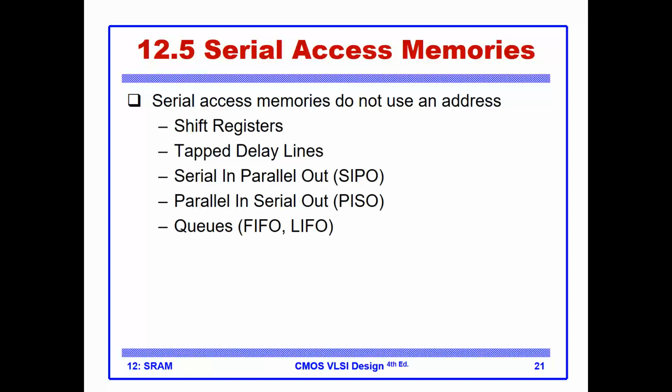Basically, the access mechanism is guarded or organized by a certain order. We will talk about shift registers, tap lines, and serial out, parallel in, serial out, part of the SERDES devices, and the queues as well.